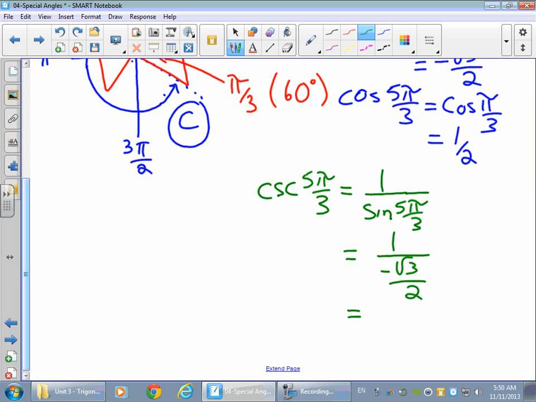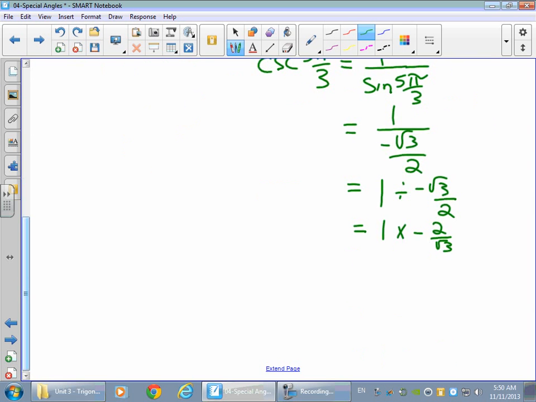And when we do this math, this is a good little exercise, it's 1 divided by negative root 3 over 2, which is 1 times, flip over the second term, negative 2 over root 3. And so cosecant is negative 2 over root 3.